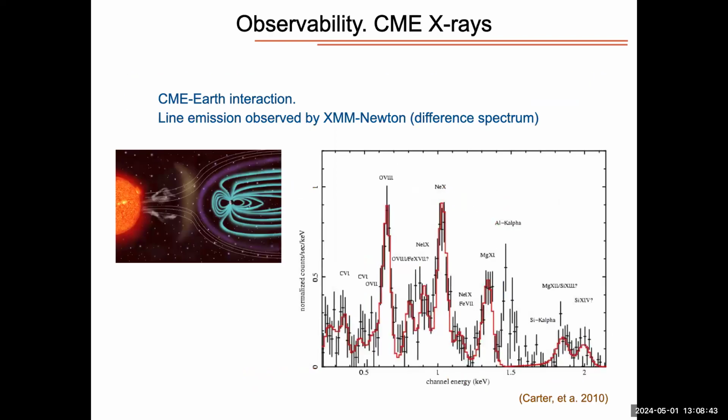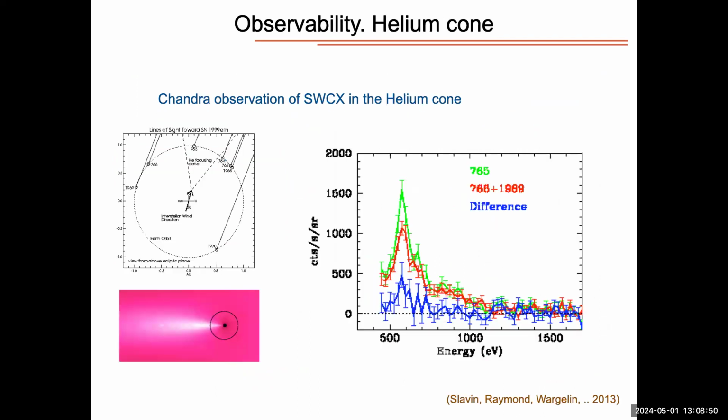One can observe coronal mass ejections, especially their interaction with the Earth. We have Chandra observations, many of them in the Chandra Deep Field North, or in the direction of the helium cone and sideways.